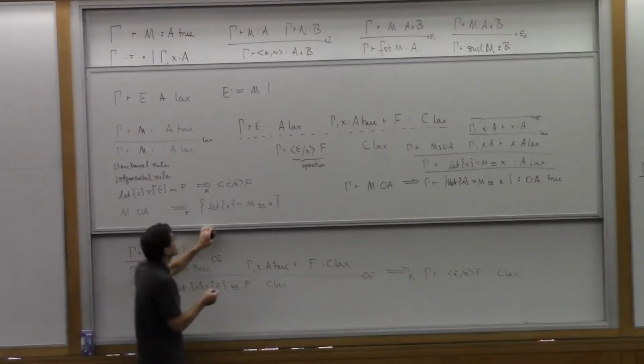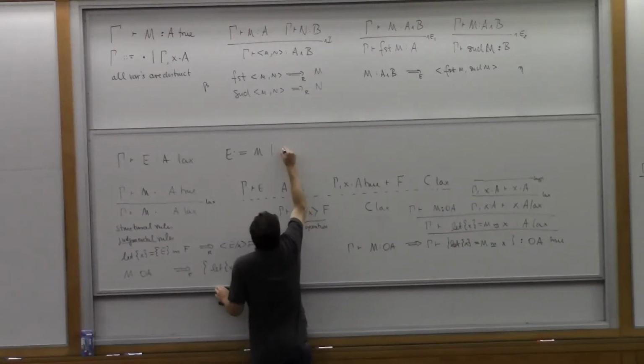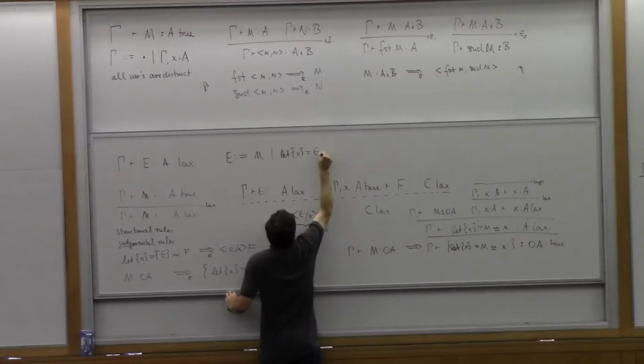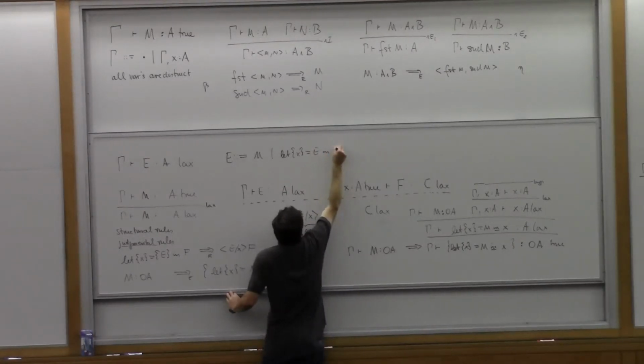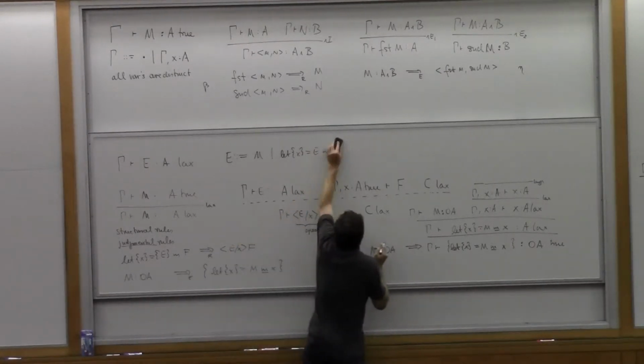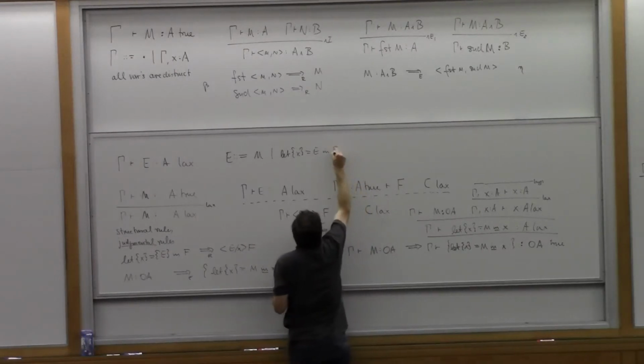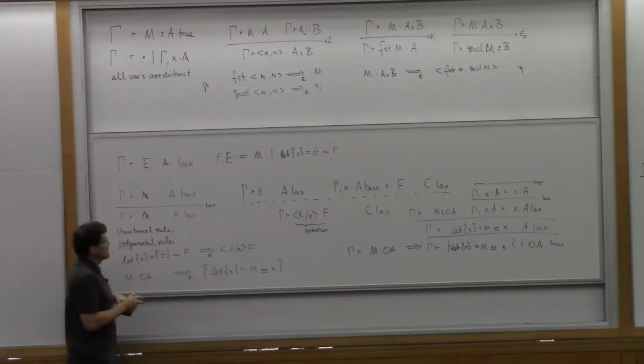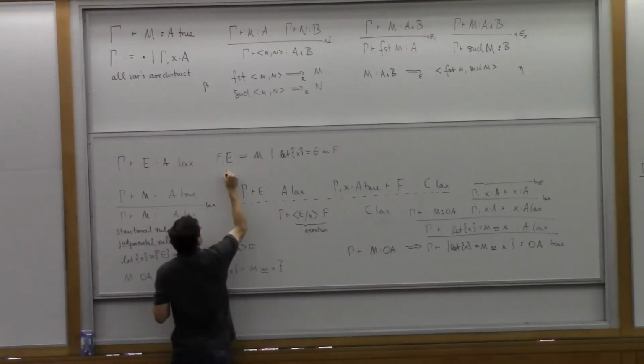So the other possibility is that it's let x equals e in some kind of E prime. Actually, I'm going to use F for that. So it's an E or an F, which stands for computation. And the terms M, how have they changed?